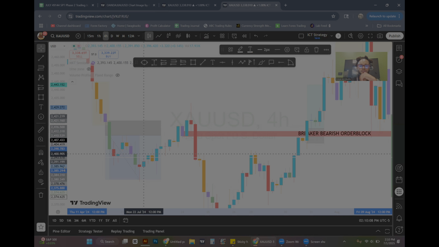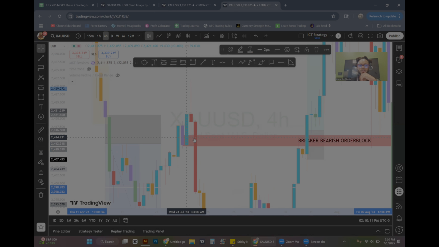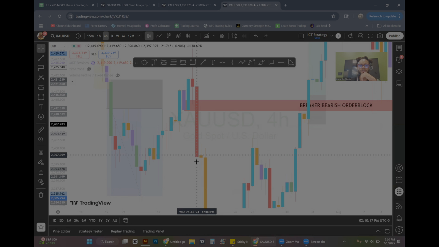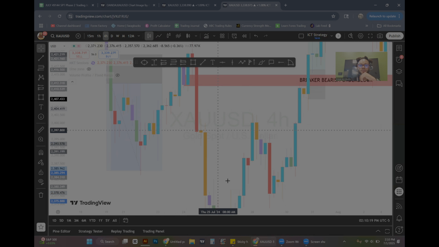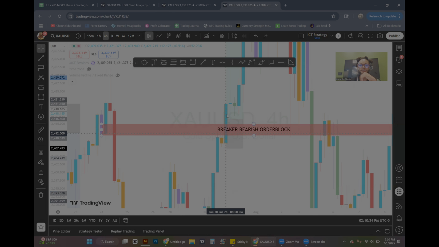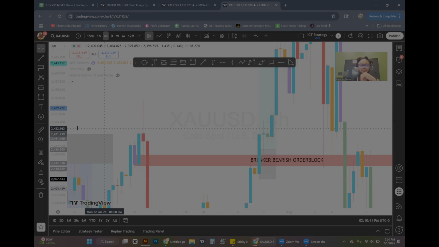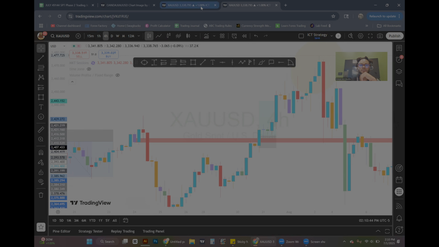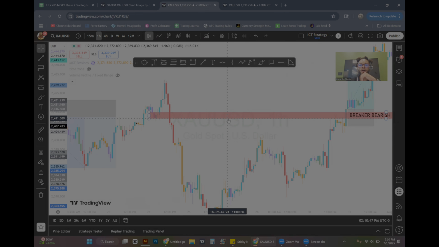Price opened and closed in this area twice, and it made a sharp move to the downside, making it a valid bearish order block. But price reversed and came back to this area and shot straight through. We enter here and price closed above this bearish order block, making it a breaker bearish order block. And price continued on the upside. So this was just a live example of why I entered the trade.